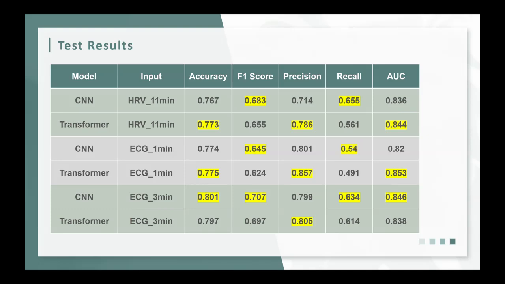Here we look at a model with longer HRV windows. Extending from 1 to 11 minutes improves performance for both CNN and transformer, but the difference between them is still small. For raw ECG, accuracy also increased with a longer window, but again there was no clear gap between CNN and transformer.